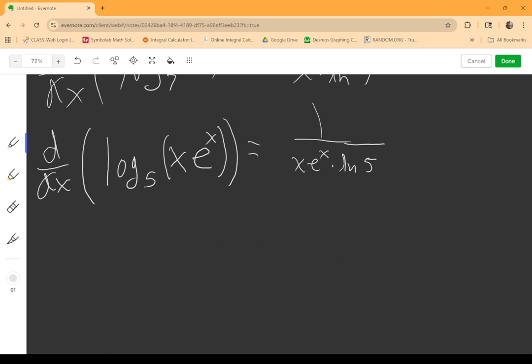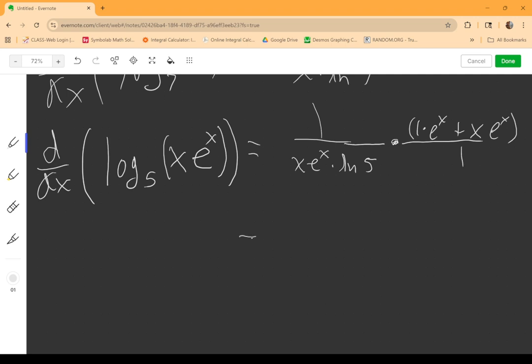Okay, and now as we work our way in, multiplied by the derivative of the inner function, which is x times e to the x. So here we need a product rule. So product rule, take the derivative of the x, which is just 1. So we're left with 1 times e to the x, plus, leave the x alone, derivative of e to the x, which is just e to the x.